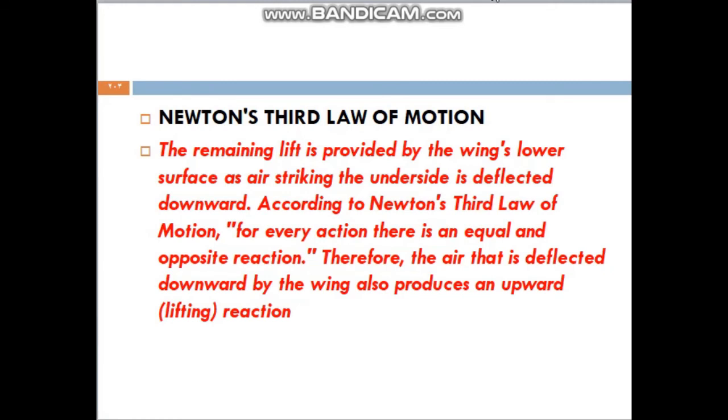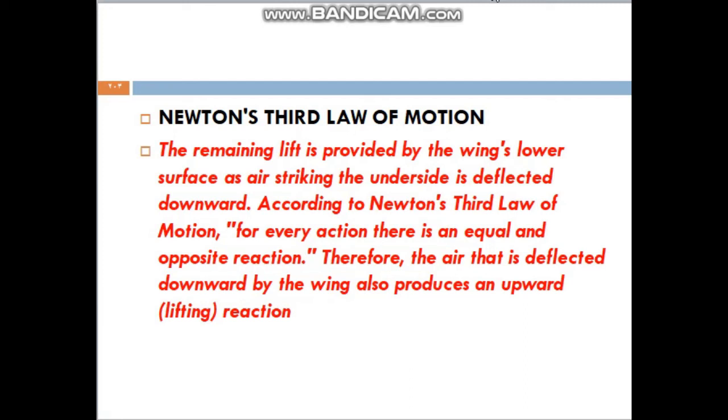For more emphasis, we will talk about Newton's third law of motion in detail. The remaining lift is provided by the wing's lower surface as air striking the underside is deflected downward.